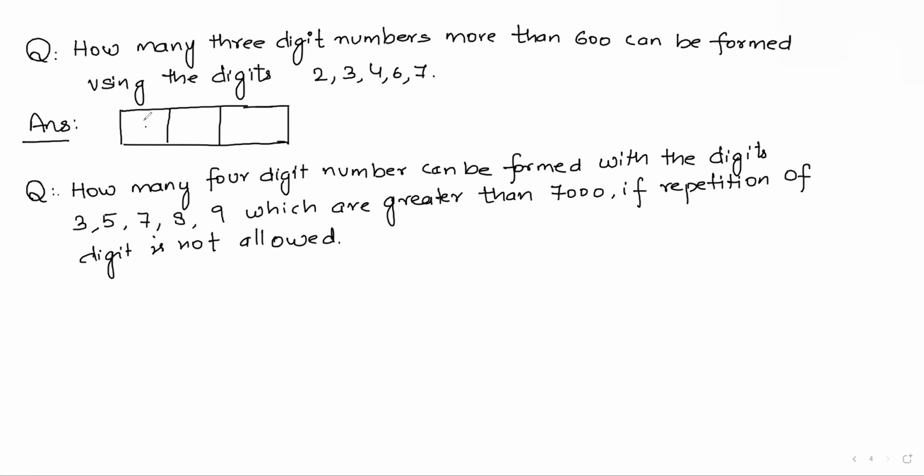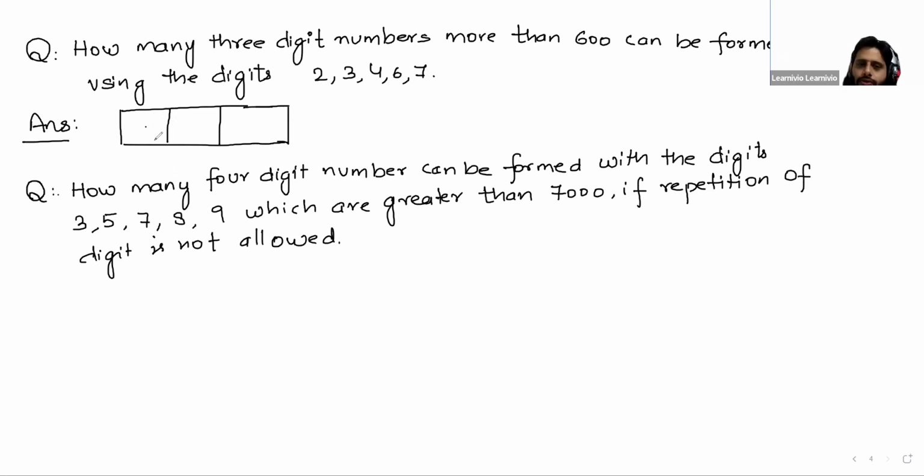Yes, sir. We need to form a number which is greater than 600. So how many choices do we have for this block? 7 and 6. Okay, so Yusra, in this case, we have two choices.